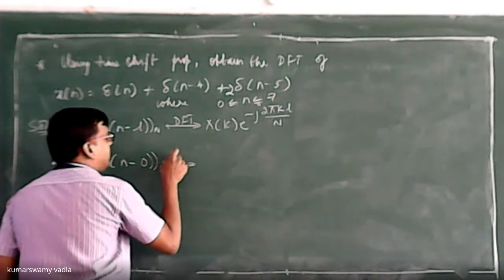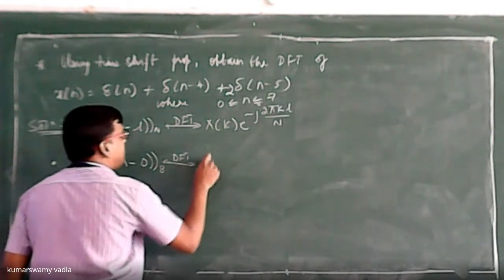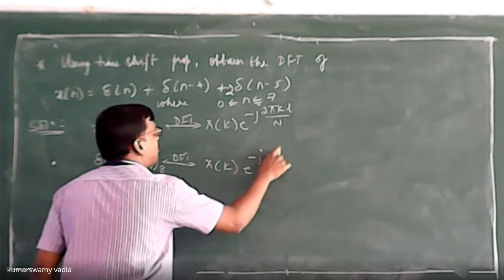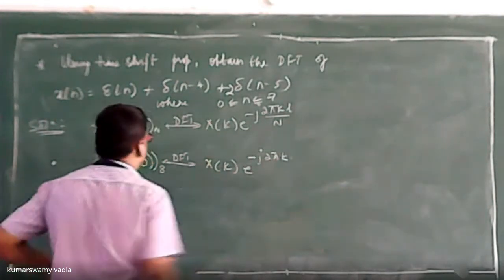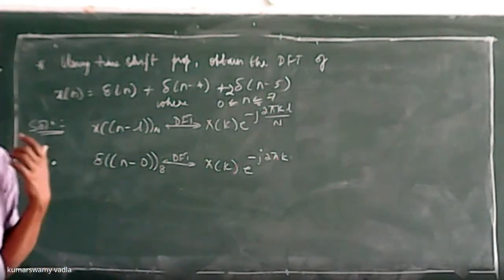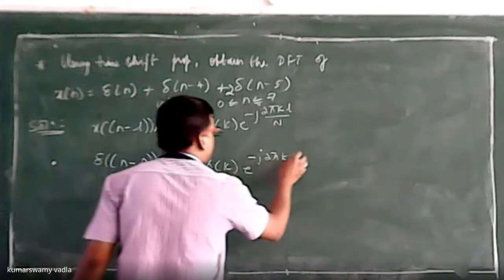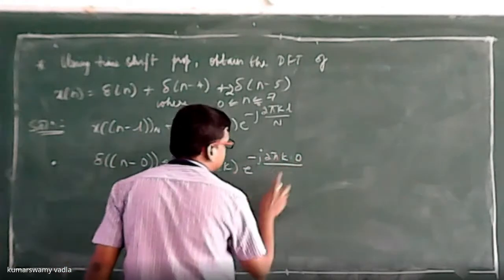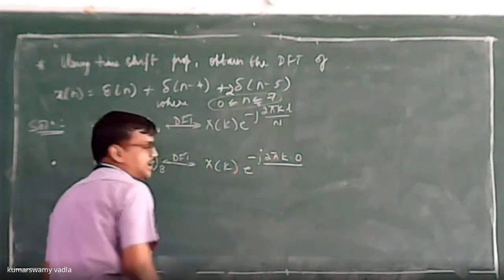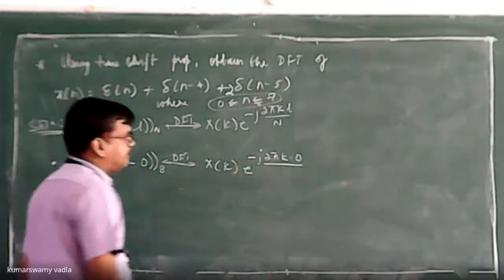When you apply DFT, what do you get here, friends? X of k e power minus j 2 pi k L divided by N. What is L here? 0. And what is capital N? 8.